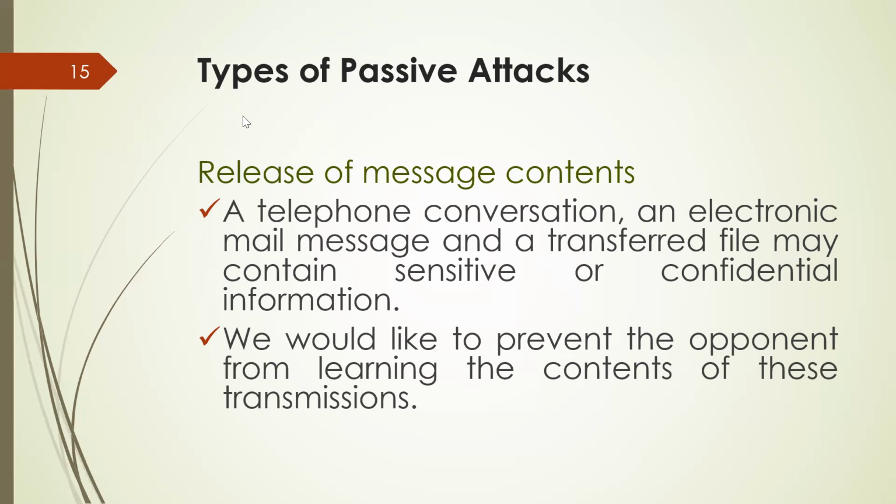Whether it's authorized or unauthorized, I'll give you an example. If there is a couple, a husband and wife, and maybe they are having a misunderstanding, they're about to get a divorce. And so one of them wants to get evidence that the other person in the relationship was unfaithful.